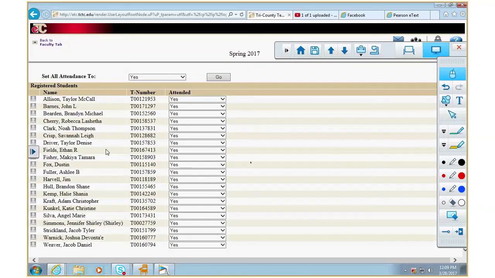All right, let's see. Allison's here. Barnes, Bearden. I don't remember seeing Bearden on Skype. Who's on Skype today? Cherry is here, right? Nope, she's not here. She didn't Skype in either. Clark, Chris, Driver is on Skype. Fields is on Skype. Fisher, yes. Fox is on Skype.